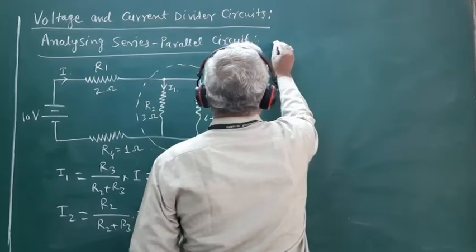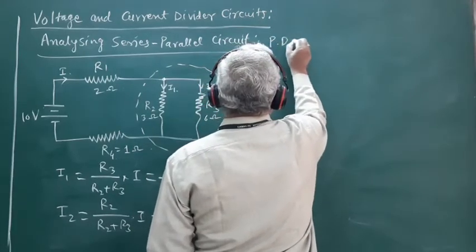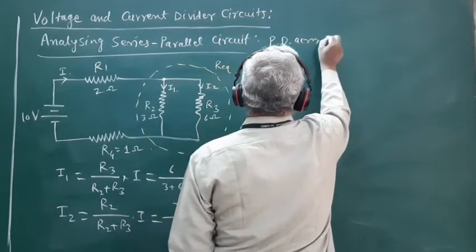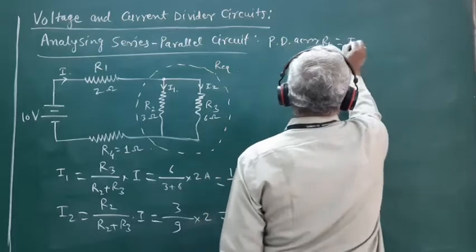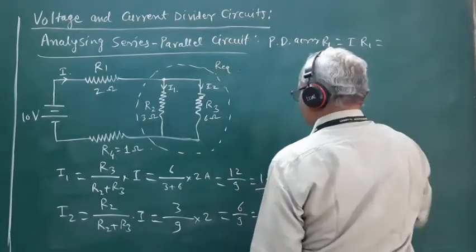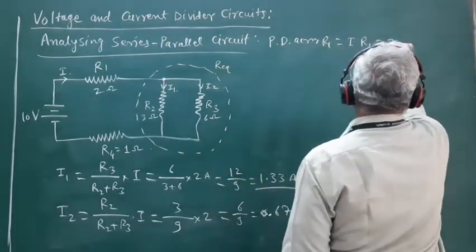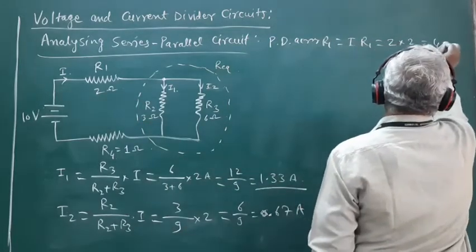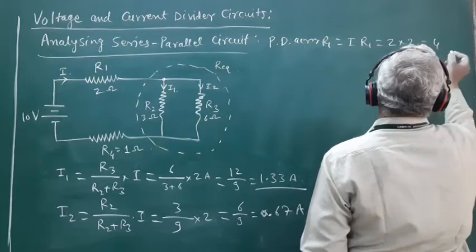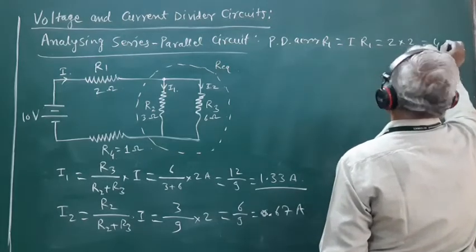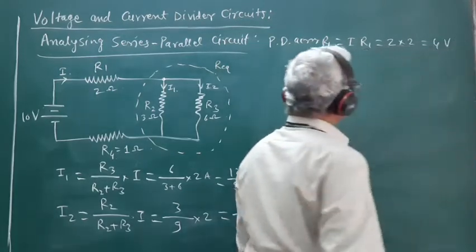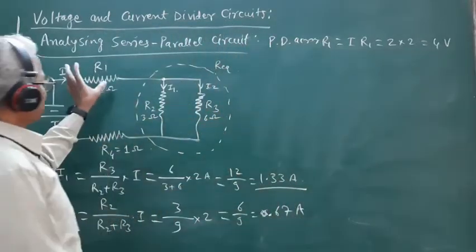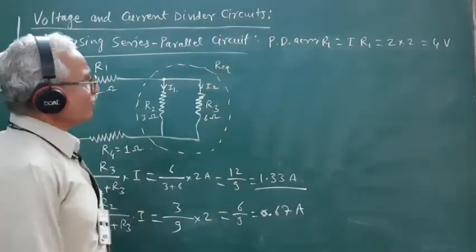See here, PD across R1 is equal to I into R1. I is 2 ampere, R1 is 2 ohm. So this is 4. The potential drop across the resistance R1 works out equal to 4.